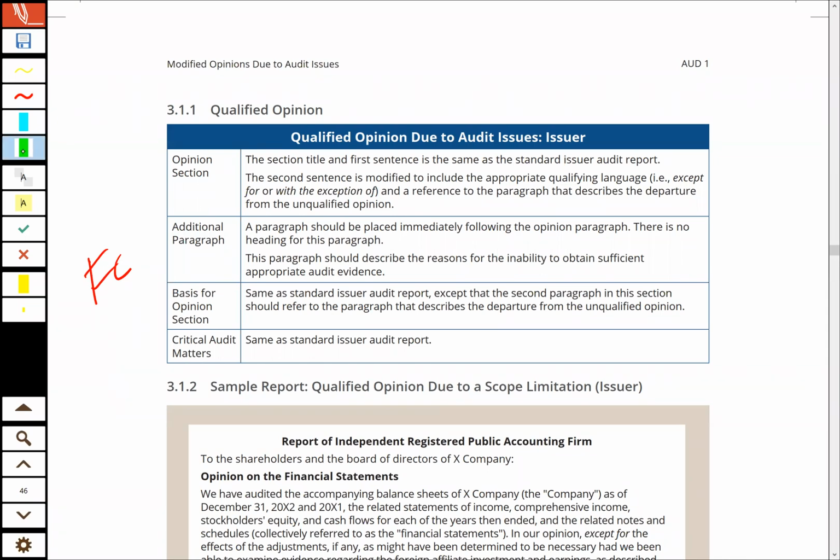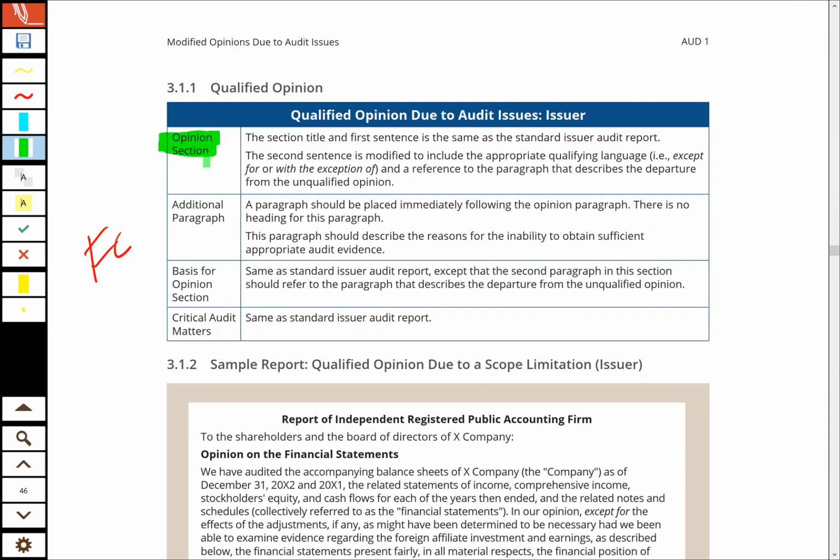But let's look at this, and again, flashcard the pattern. Okay. Opinion paragraph is actually the second sentence is modified to include the appropriate qualifying language, except for. Okay, so again, opinion paragraph comes first. The language at the beginning is the same as the unqualified for public company.